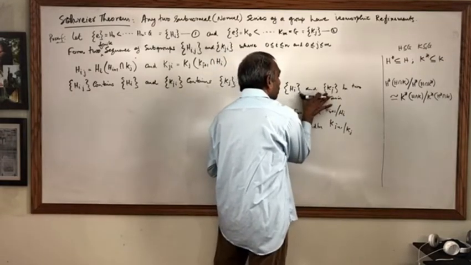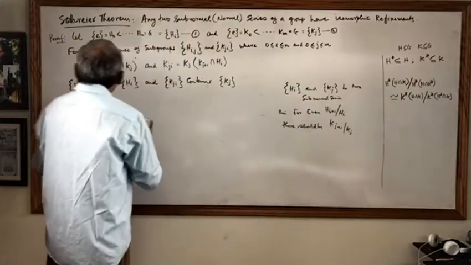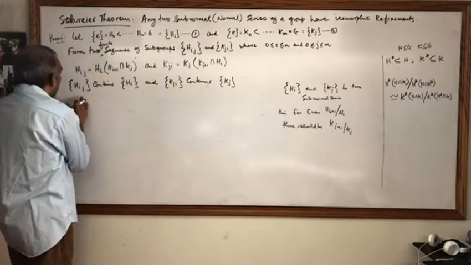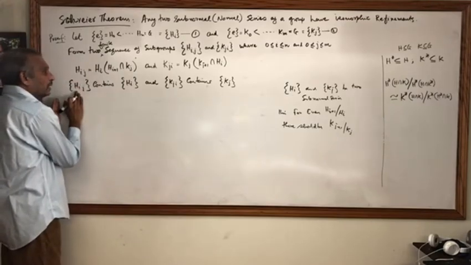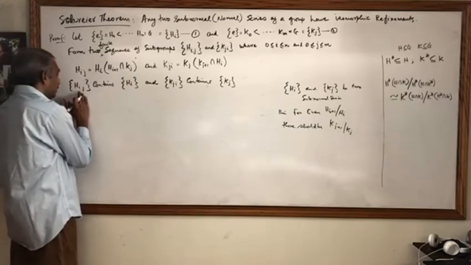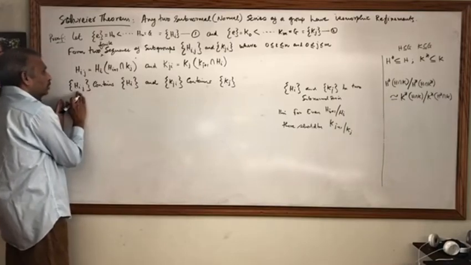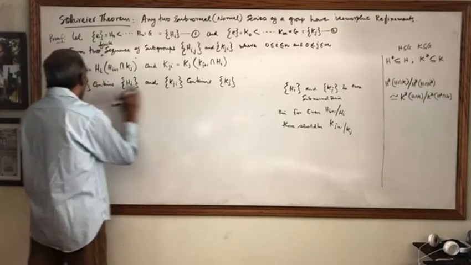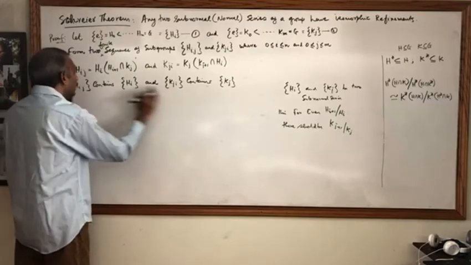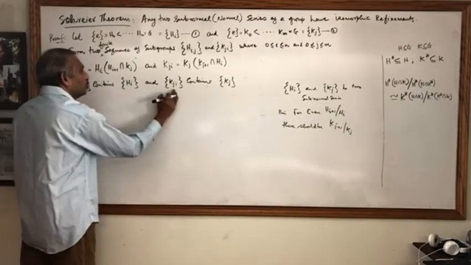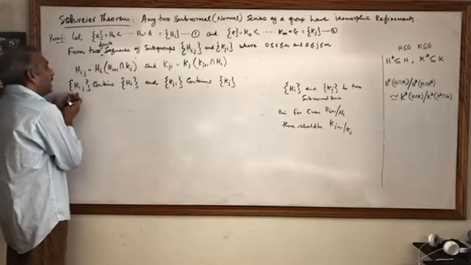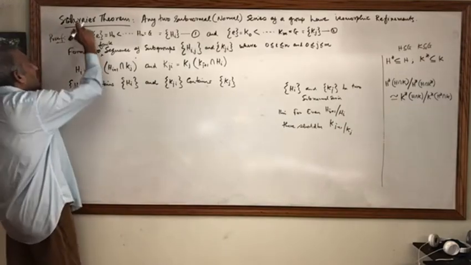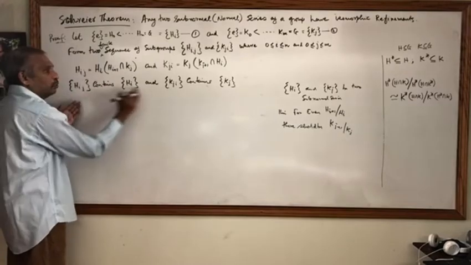If we can show that a factor group in this corresponds to a factor group here, that there is a one-to-one mapping between the factor groups of these two sequences, then we can say that we are closer to the result, except that there are some duplications.